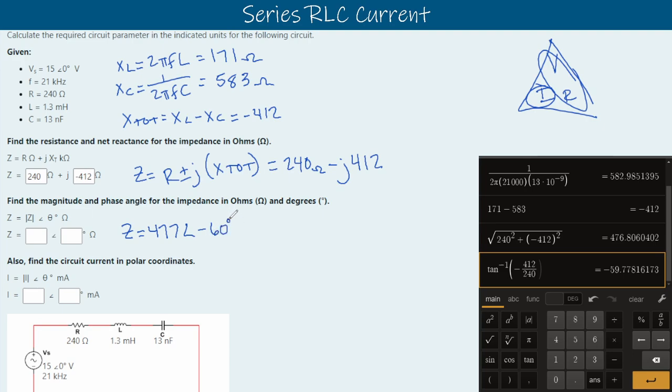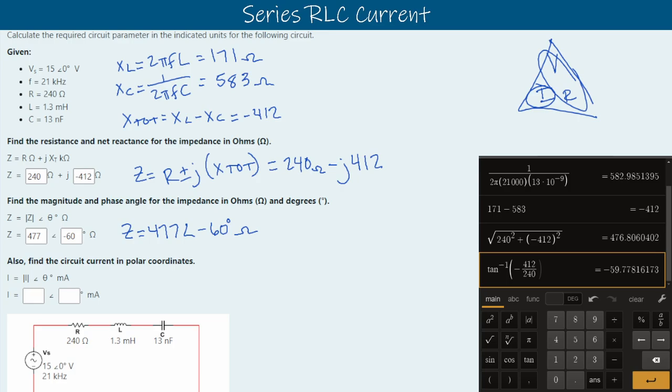Round that up. And that is in ohms here. We'll plug that in as our second answer, 477 at negative 60. Again, that negative is there because the capacitor was bigger in our X total equation. So keep an eye on where your negatives are coming from.